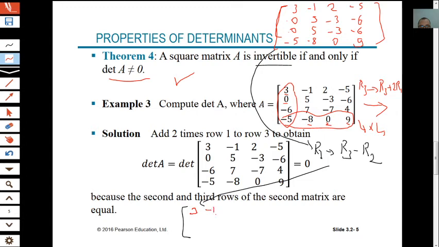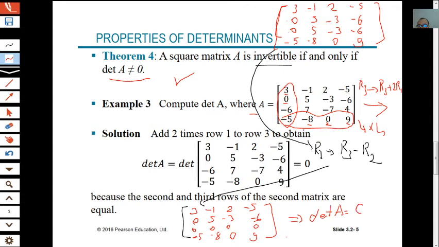3 minus 1, 2 minus 5, 0, 5, minus 3, minus 6, 0, 0, 0, 0, minus 5, minus 8, 0, 9. So it's determinant A. Since we do the row operation, which is replacement, we have the same determinants for this matrix and the given matrix in the example.